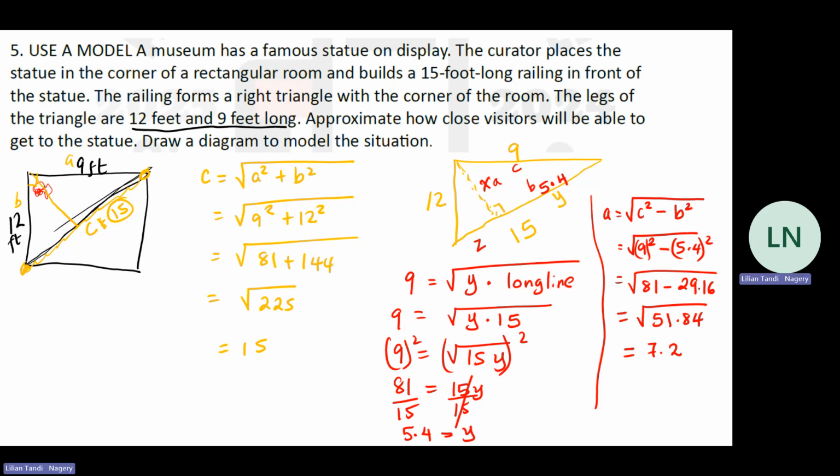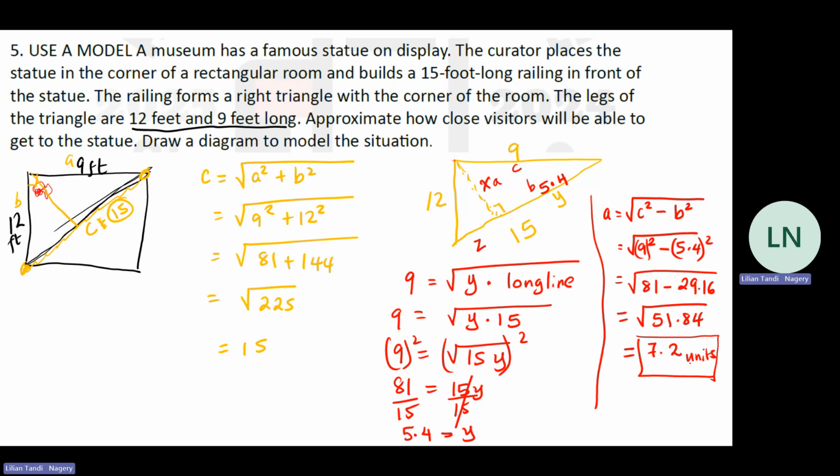Okay, so the distance, so these people can only go from, that's the longest distance that they can go to. How close would it be? So this is our answer here. 7 and 2/10 units. Okay?